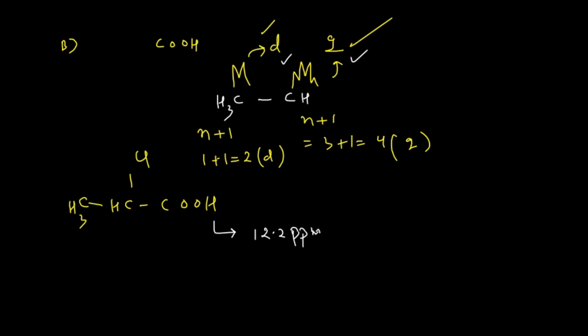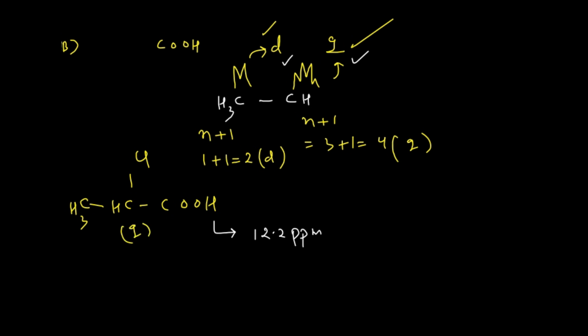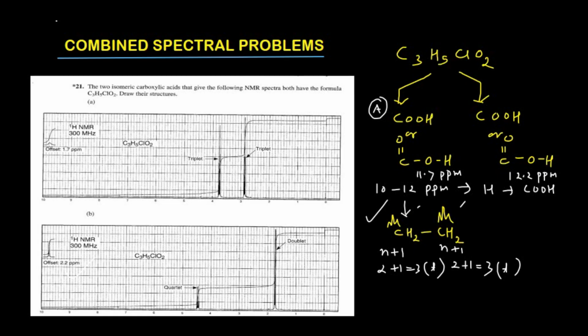Now the chemical shift for this particular hydrogen, it is only one hydrogen connected with the electron withdrawing chlorine. So this quartet will be quite downfield. So I'm writing Q for this one, and this Q will appear somewhere around 4.2 ppm. Go back and check the value.